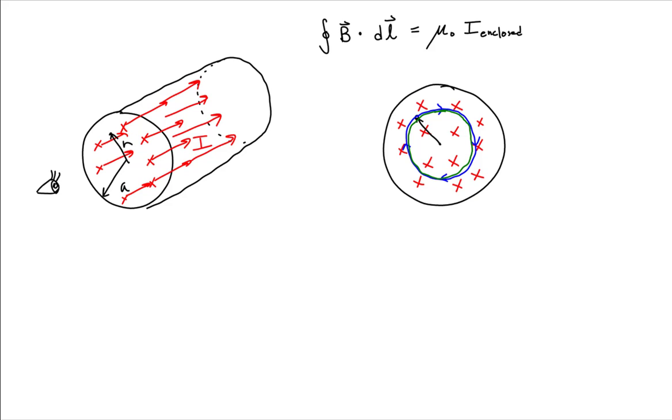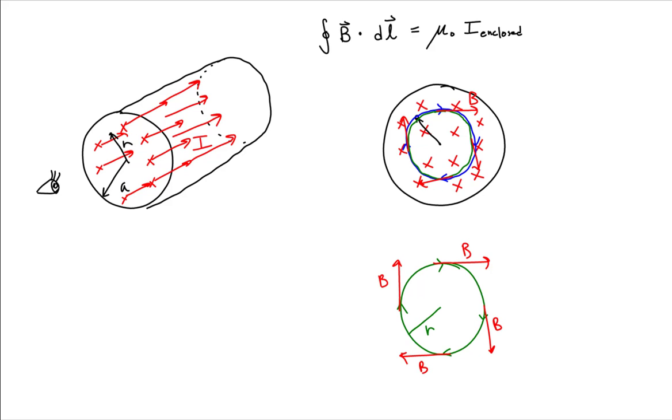This means that the magnetic field must be tangent to the circle at all points around the circle. And let me redraw that. Here is our Amperian loop, and our magnetic field is tangent at all points on the Amperian loop.